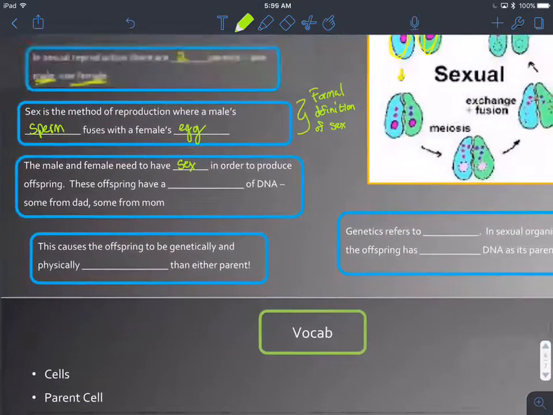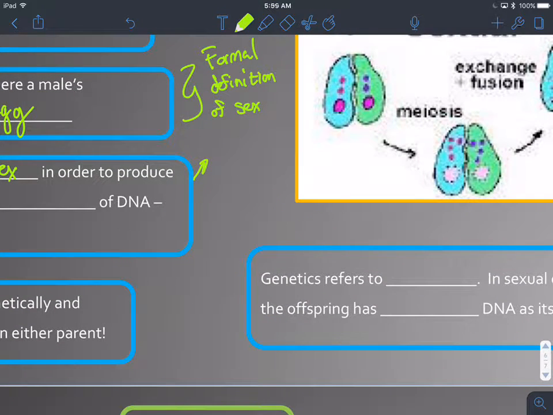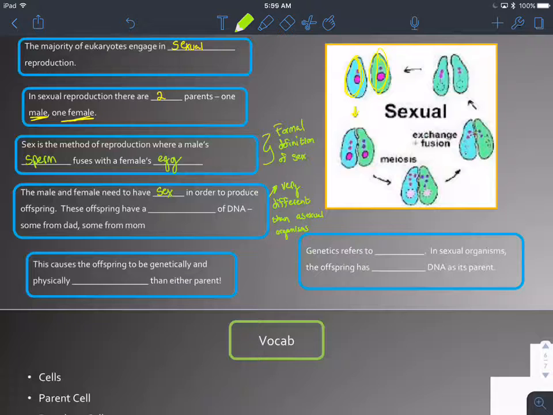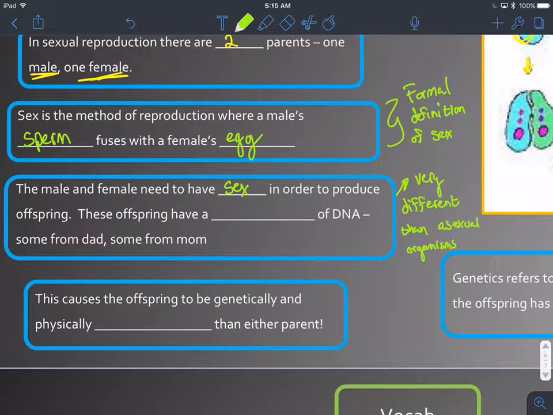This is very different than asexual organisms. And of course, when there's two parents involved, what we're going to see is that these offspring have a mixture of DNA, because they're getting some from dad, some from mom.